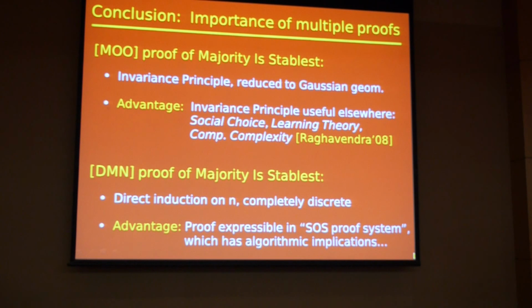The proof is simple enough and elementary enough that you can express it in a limited proof system, the so-called sum of squares proof system. That's a significant portion of their paper, showing how to fit their new proof into this framework. And the very fact that you can prove this fact in a limited proof system actually has some intriguing algorithmic implications, as it turns out, for the computational complexity of the Max-Cut problem and for the Unique Games problem itself.